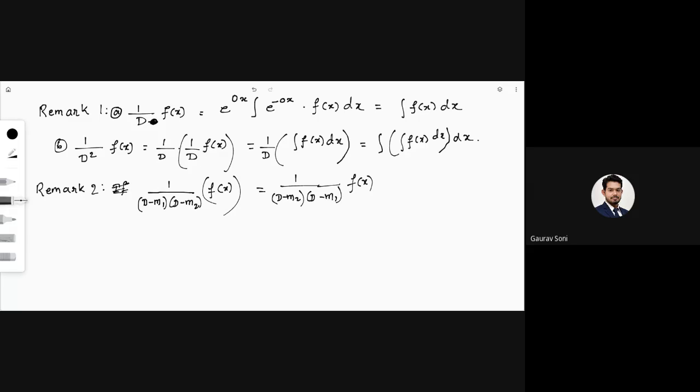Okay. So remark number 3. 1 upon (D minus m1) into (D minus m2) f of x will be equal to 1 upon D minus m1, in bracket, 1 upon D minus m2 f of x.